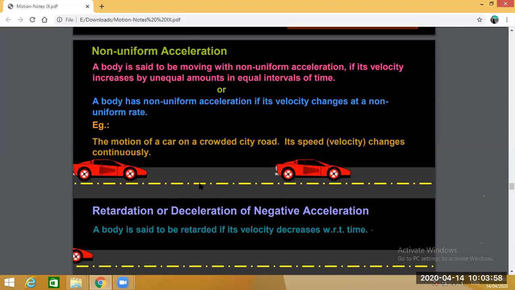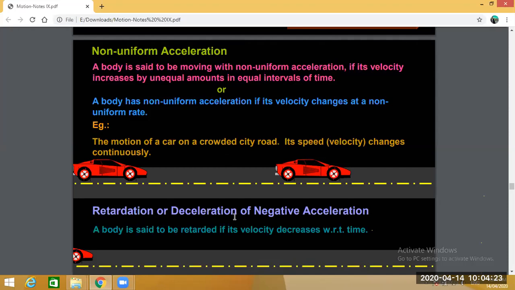You sometimes slow down and then increase. So in that case, your motion is said to be moving with non-uniform acceleration. In case of uniform acceleration, your velocity will continuously either increase or decrease with constant rate. That is the uniform acceleration.